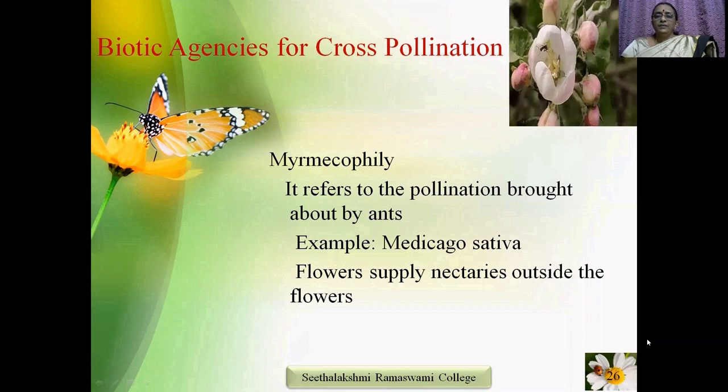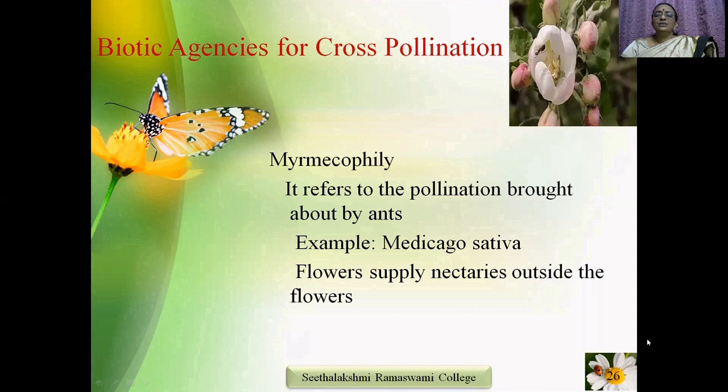The second type is myrmecophily. It refers to the pollination brought about by ants. A very good example for this is Medicago sativa. Ants, we know, are wingless and must crawl into each flower to reach their reward.